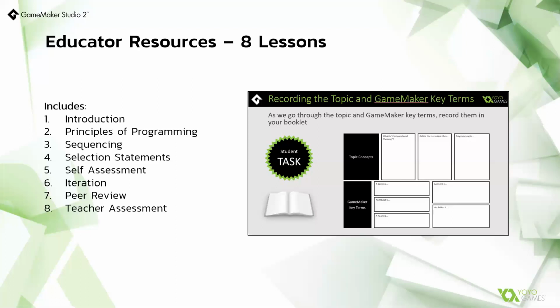Number 5 starts the self-assessment process. 6 goes into iteration and the repeating of sequences of code efficiently. Number 7 introduces the peer review, where classmates evaluate each other's game, and the last one includes the teacher assessment.